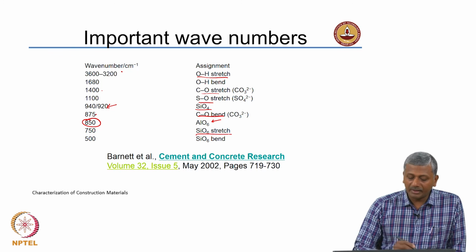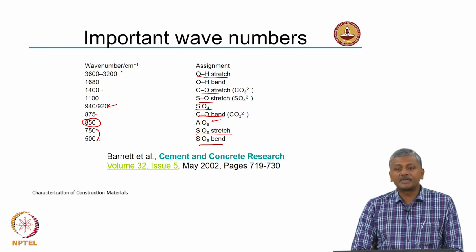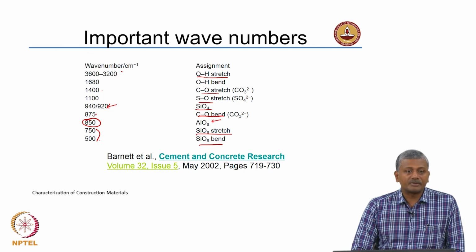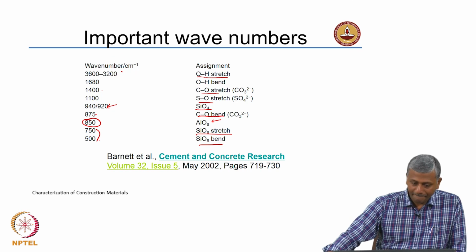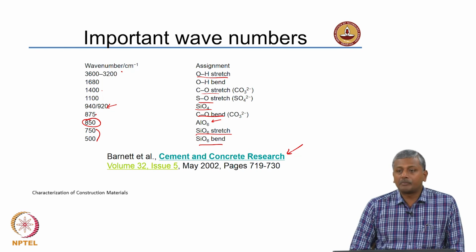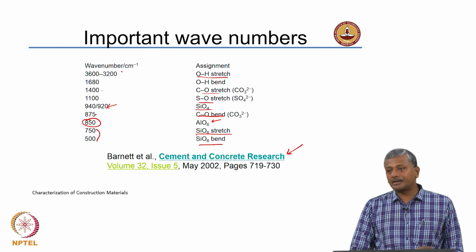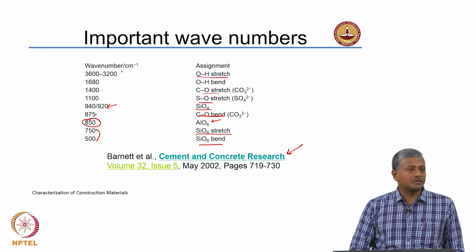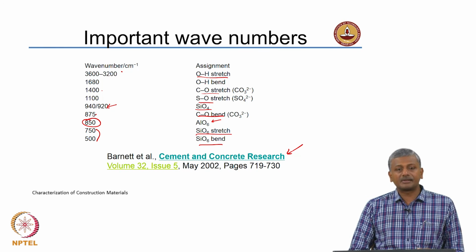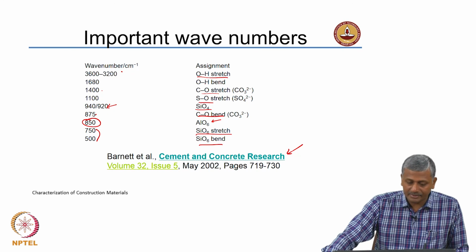The octahedral silica stretching and bending, which may be observed when you have thaumasite present, is around 750 to 500 wave number. This is taken from a particular paper published in Cement and Concrete Research. There are several other papers which look at FTIR as a valid means to study cement hydration, and you can look at several other signals that are studied from the same type of analysis.